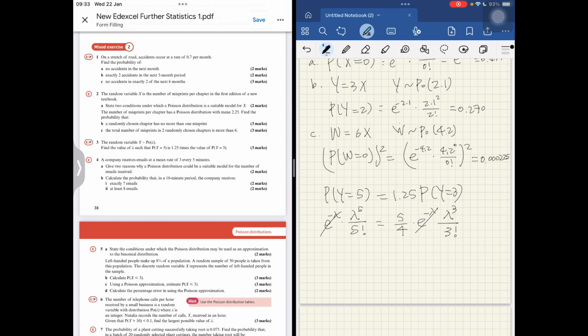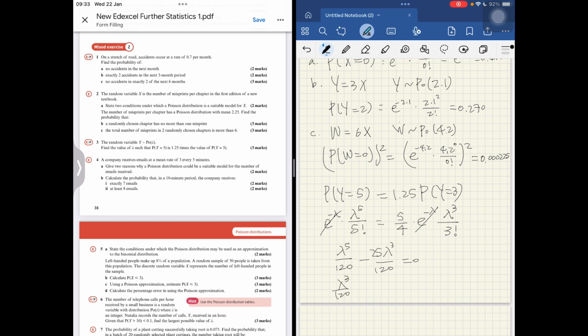So lambda to the power of 5 over 120 minus 5 lambda to the power of 3 over 24, which means 25 and 120 equals 0. So 120 lambda to the power of 3, lambda squared minus 25 becomes 0. Therefore, lambda is 5.